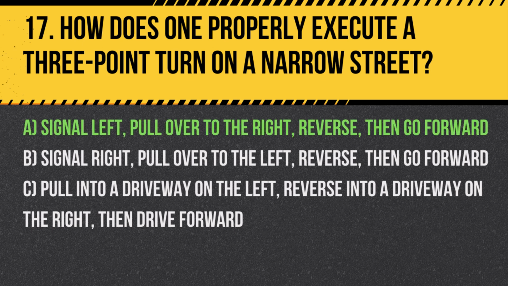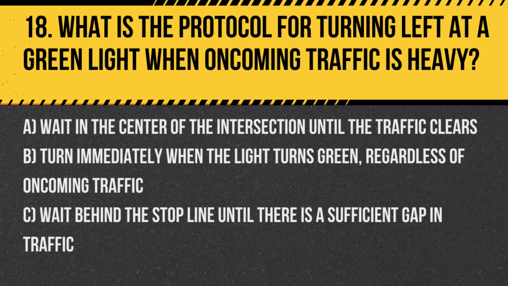Answer: A. Signal left, pull over to the right, reverse, then go forward. This maneuver involves signaling, pulling over, reversing direction, and then proceeding forward, using the full width of the road to turn around.